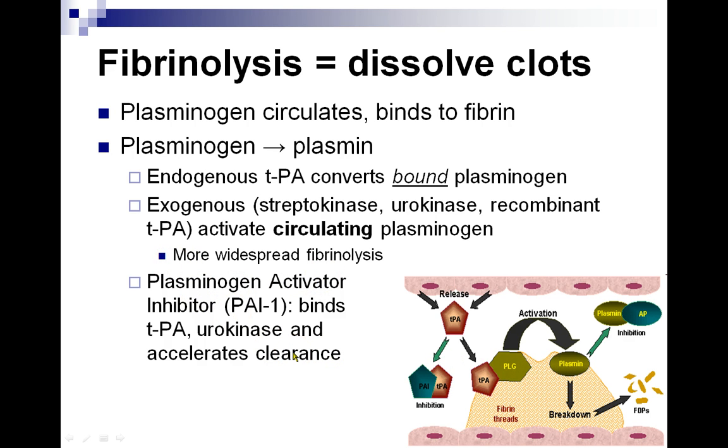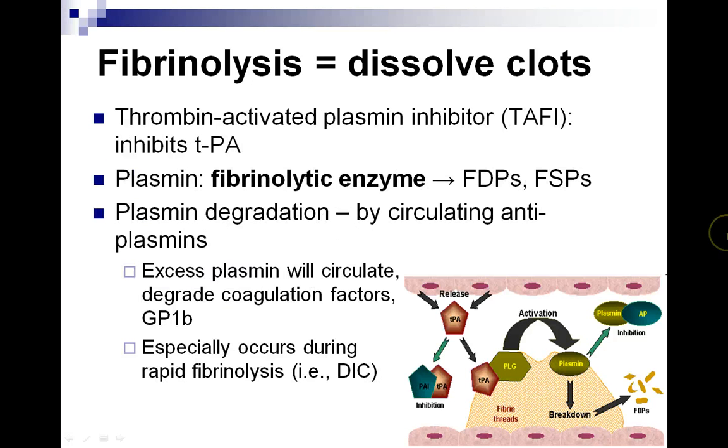So the checks and balances continue on this side of the equation as well. There is a substance called thrombin-activated plasmin inhibitor, and that's another substance that binds to TPA and inhibits it from activating plasmin.